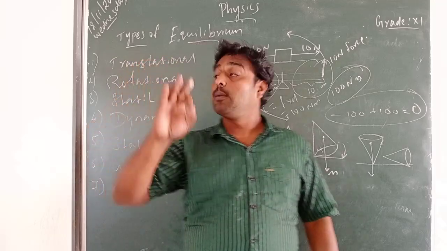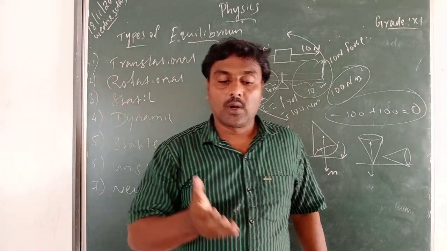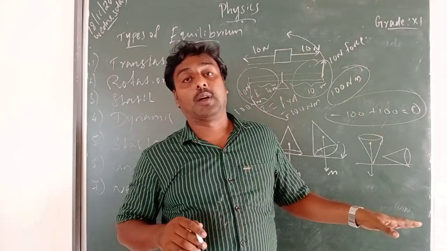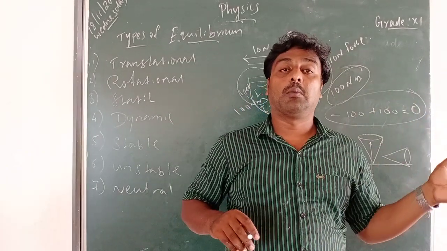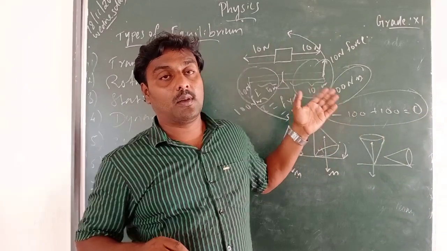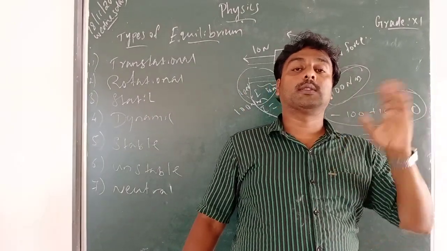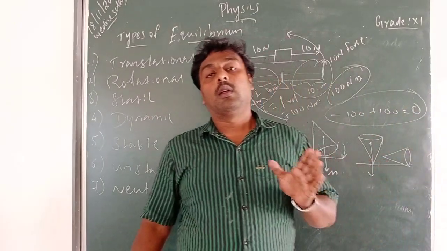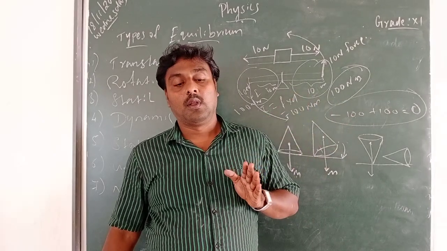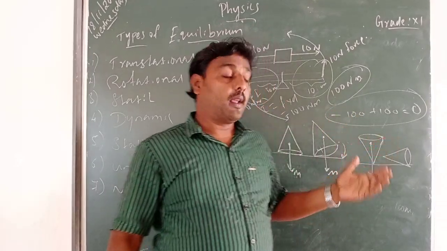During stable equilibrium, linear momentum and angular momentum are 0. And during unstable equilibrium also, linear momentum and angular momentum are 0. But what will happen? It will not come back to its original position if slightly disturbed. And the center of mass shifts slightly lower.